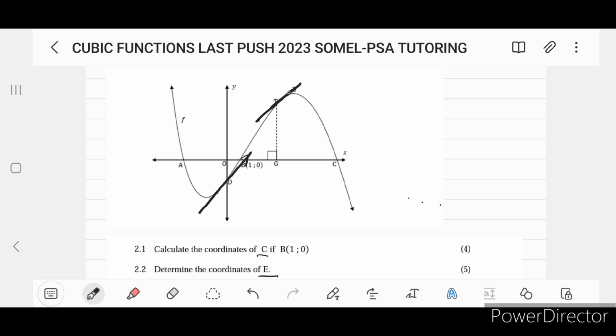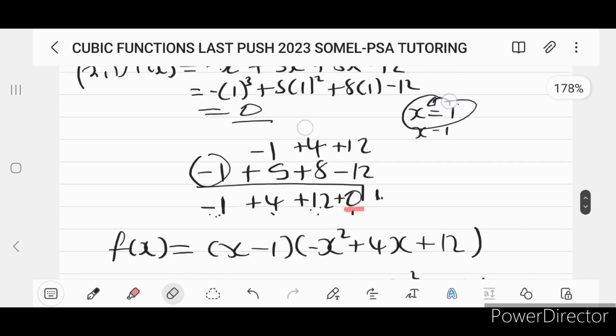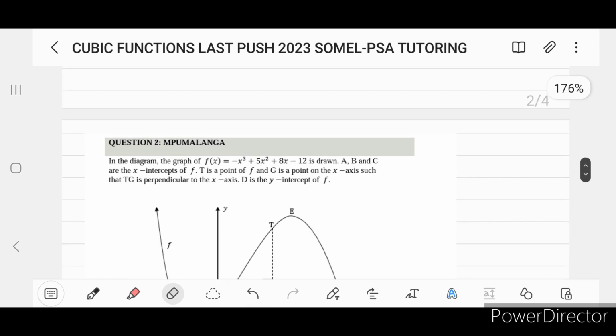These two are parallel. I've not drawn them to scale. If they are parallel, they share the same gradient. So what is the formula for general gradient?